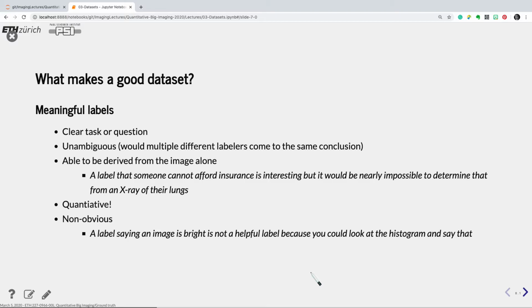Labels should also be unambiguous, so it should be clear that this is that, and this is possibly the overlapping cases. They are very hard to include as labels, so you should avoid them.